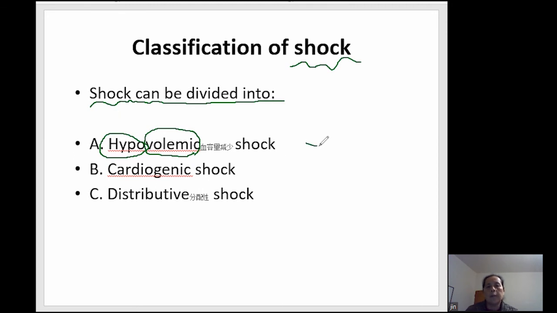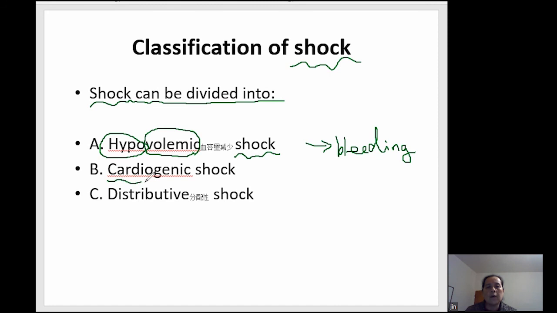For example, people suddenly losing blood through big bleeding, or by accident or trauma causing bleeding. Blood volume decreases, and that can cause shock. Not enough blood.